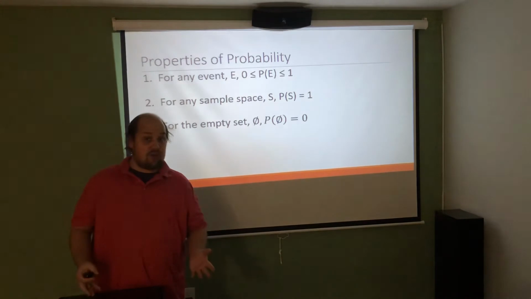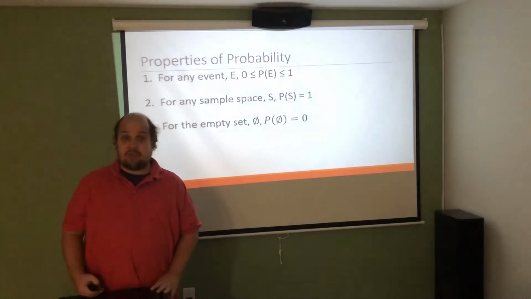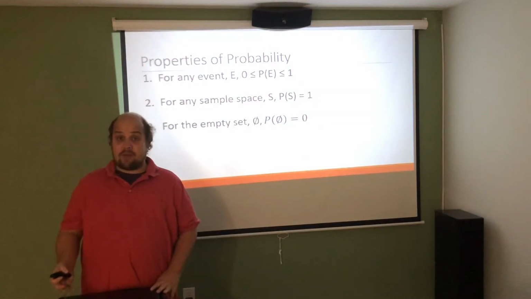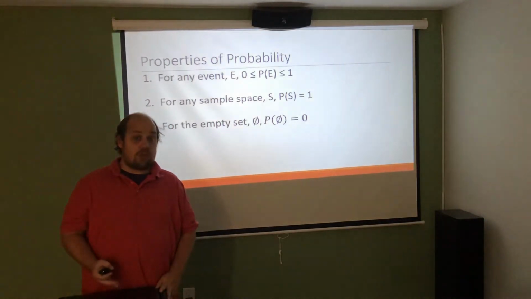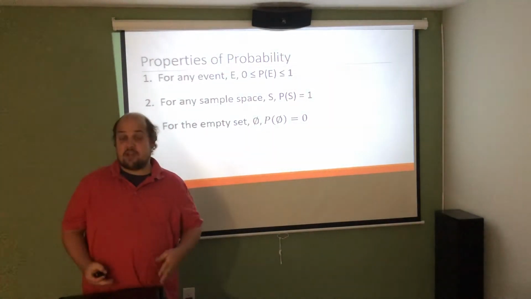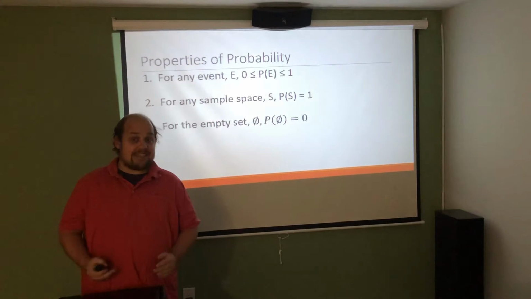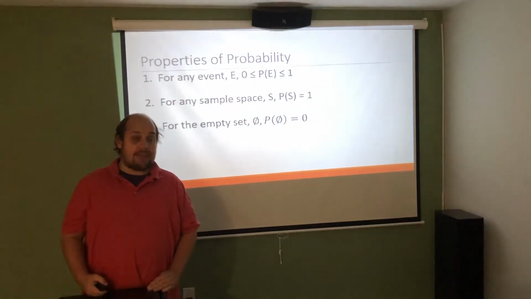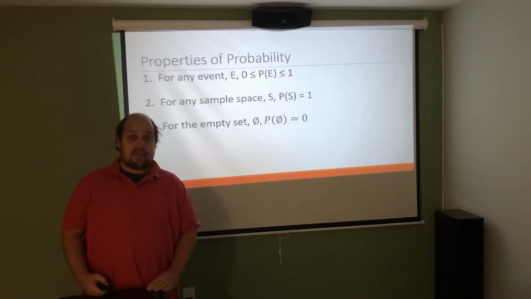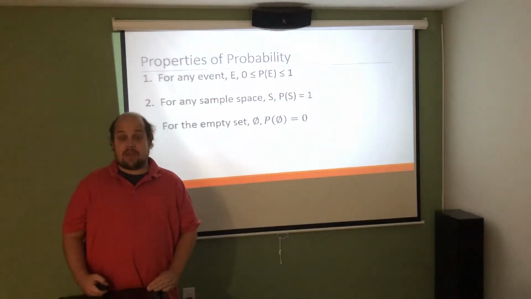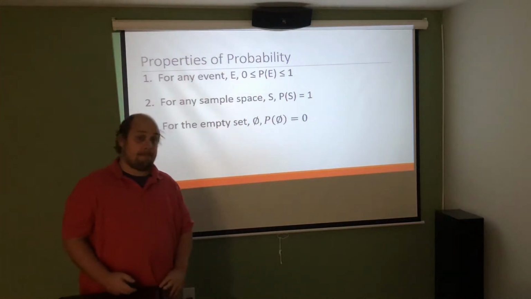So if you're ever using one of these formulas that we're going to be using in order to calculate a probability, and you get a number that's larger than 1 or a number that's negative, you know something went wrong. It's not possible for a probability to be negative. It's not possible for a probability to be greater than 1. The absolute most a probability could be is 1, saying that it always happens 100% of the time.